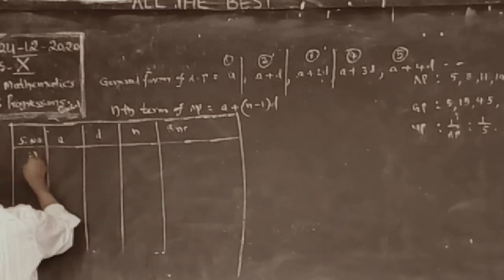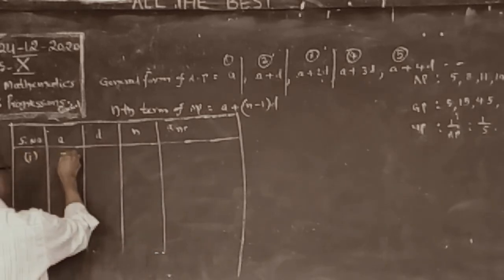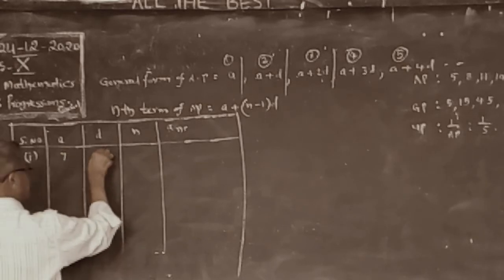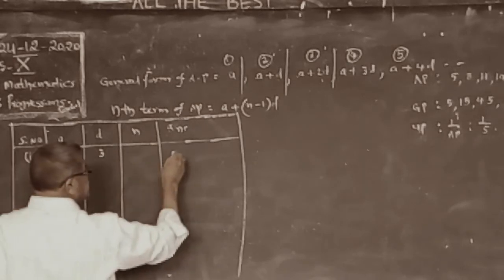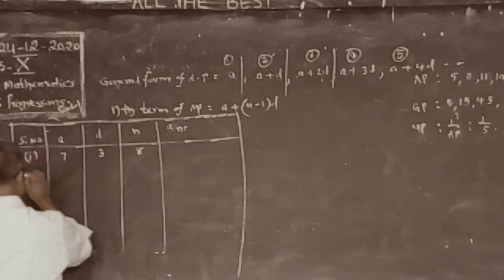Number 1: A is 7, D is 3, N is 8, and we have to find the nth term.